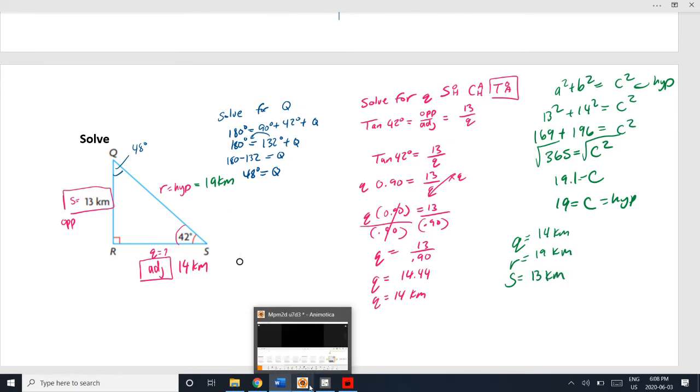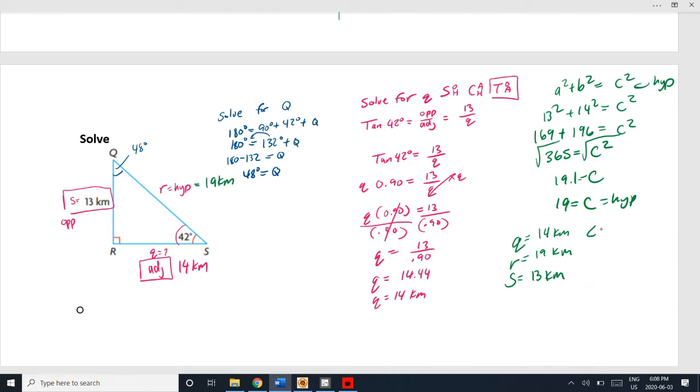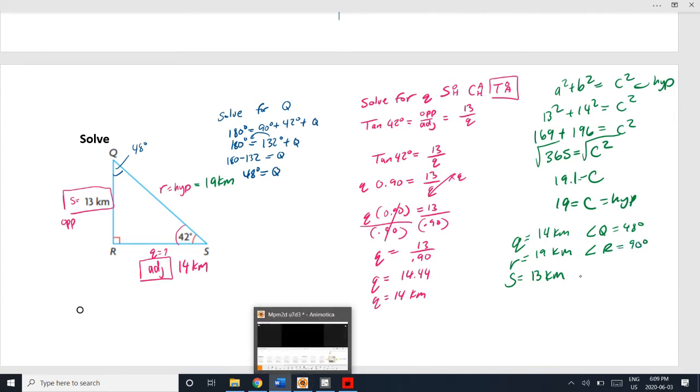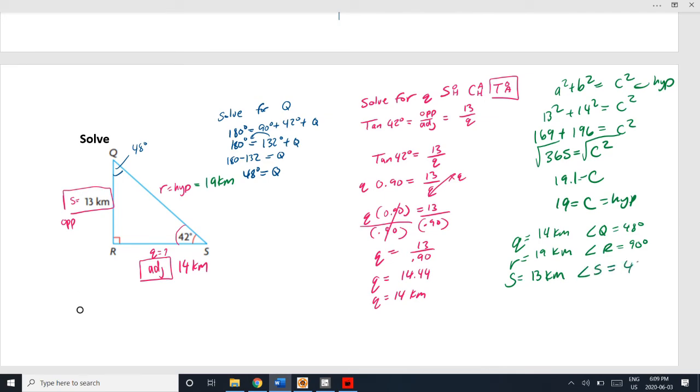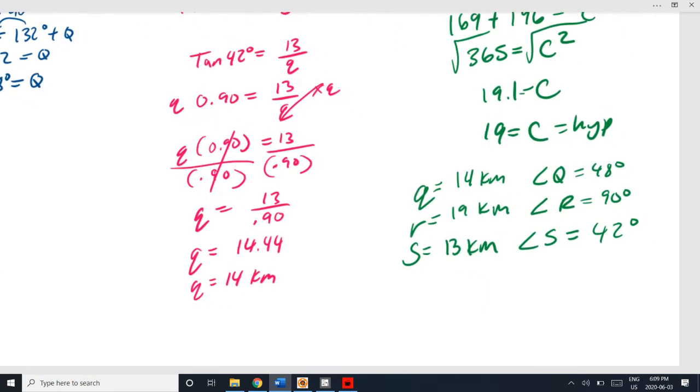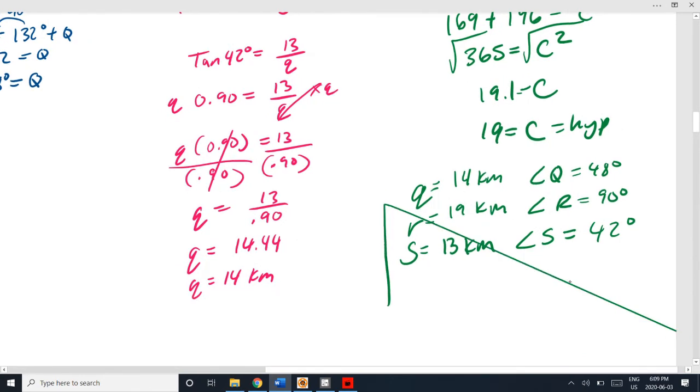And now we have our angles. So angle Q is 48 degrees. Angle R, 90 degrees. And angle S, which was given, is equal to 42 degrees. Okay, so that is our solutions for our triangle here.